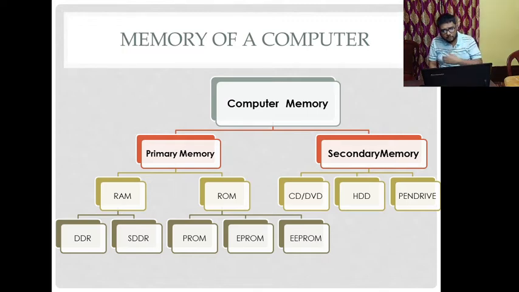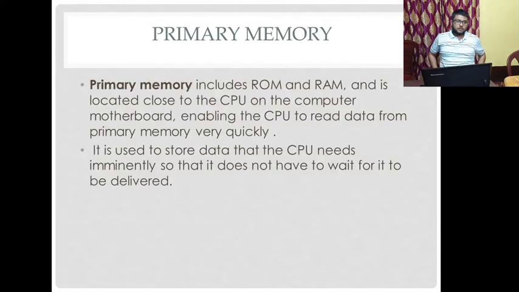Again, RAM can be divided into two parts: DDR and SDR. Similarly, ROM can be divided into three parts: PROM, EPROM and EEPROM. We will be discussing all this. So let me first explain to you what is a primary memory.